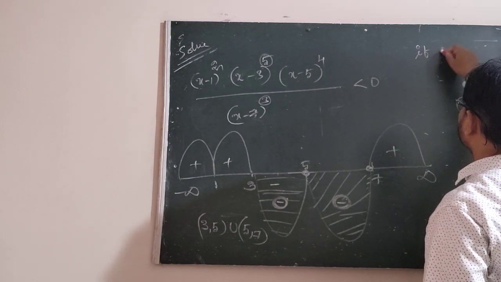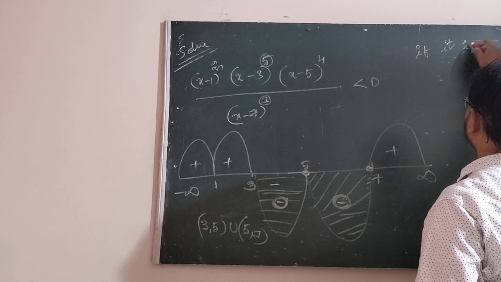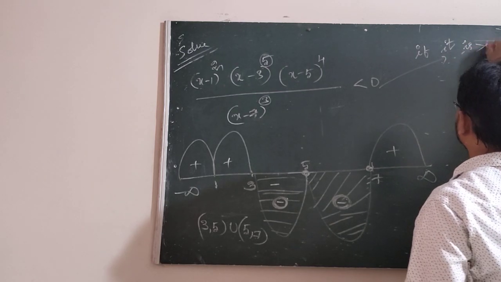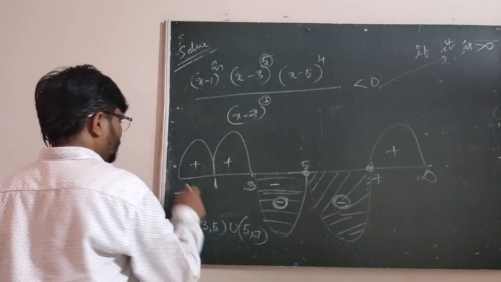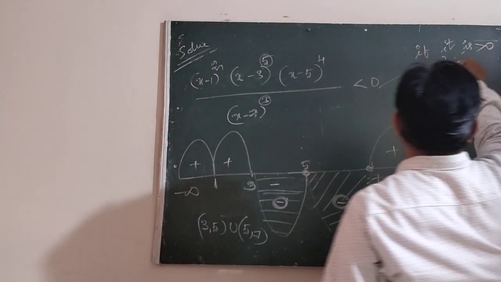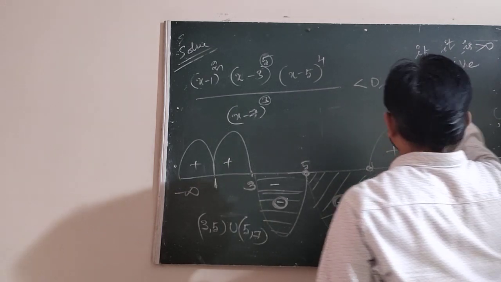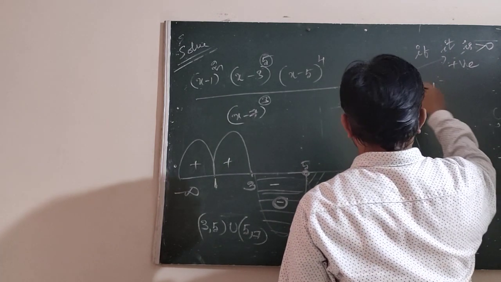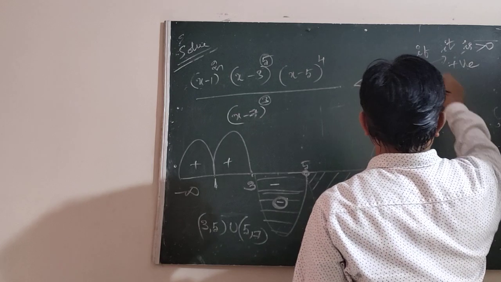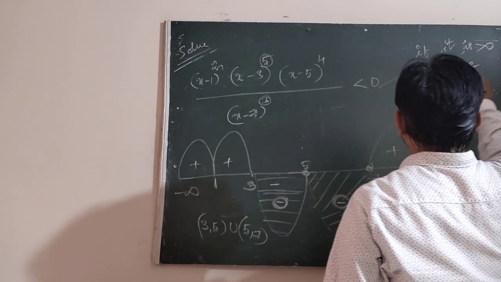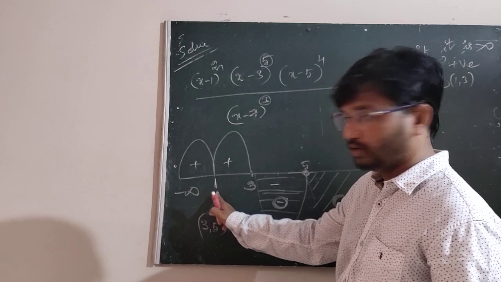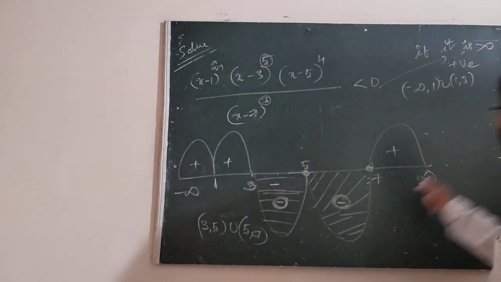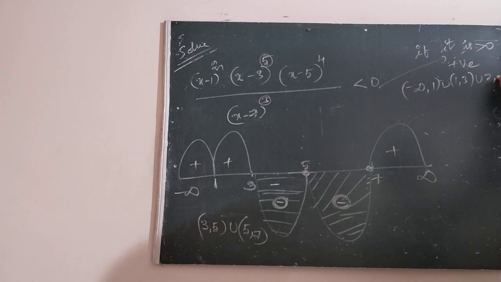If it is greater than 0, then you take the answers: it is positive for minus infinity to 1, union 1 to 3, and union 7 to infinity.